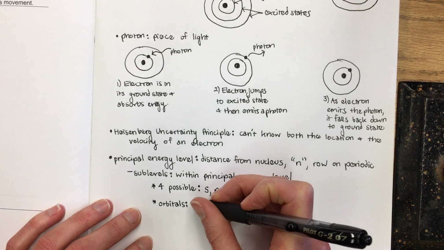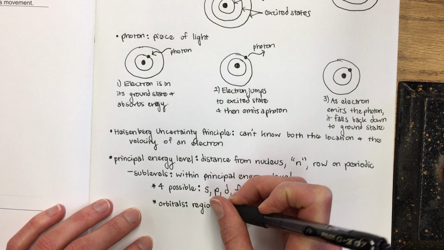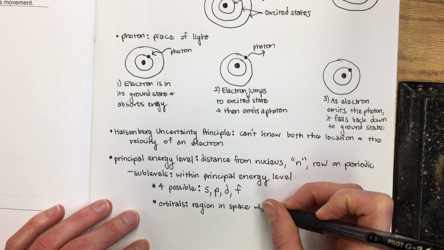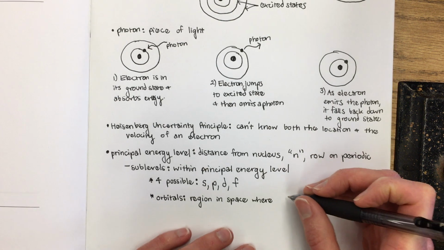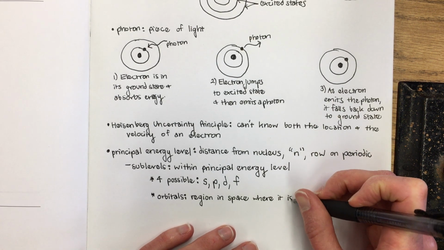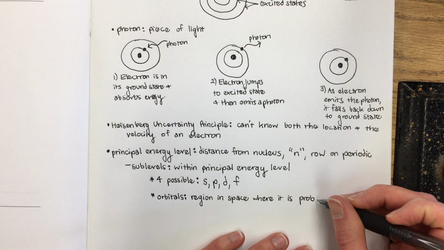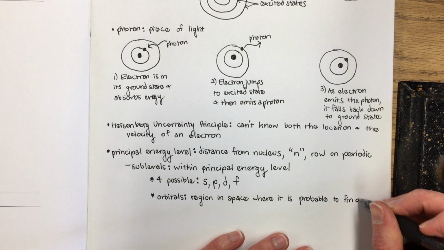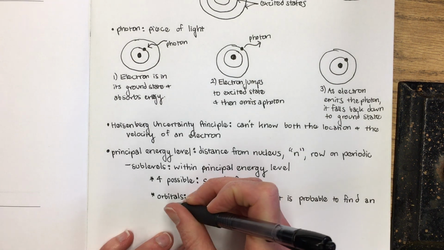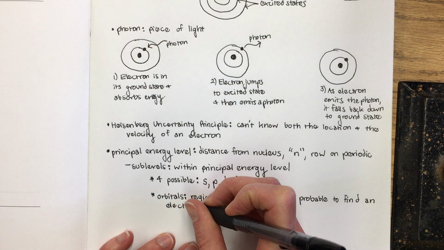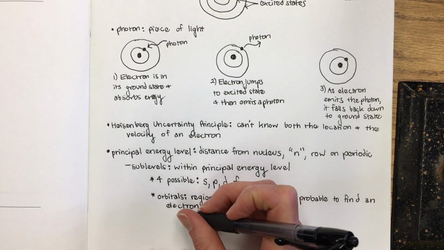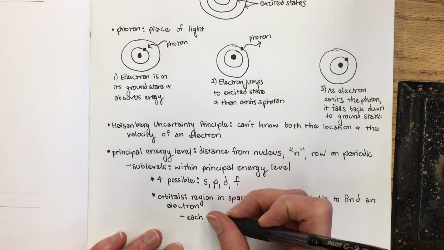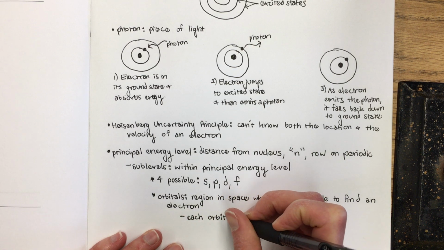So an orbital is a region in space where it is probable to find an electron. Okay, and then each orbital can hold 2 electrons. That's just a rule.